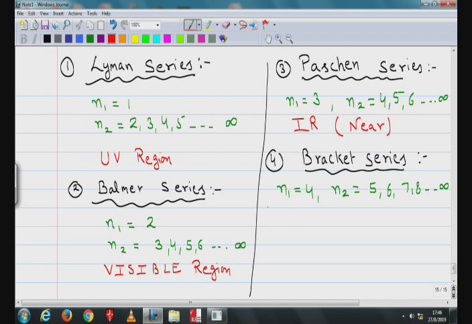And here the region is again infrared, but it lies in the mid of the infrared region.